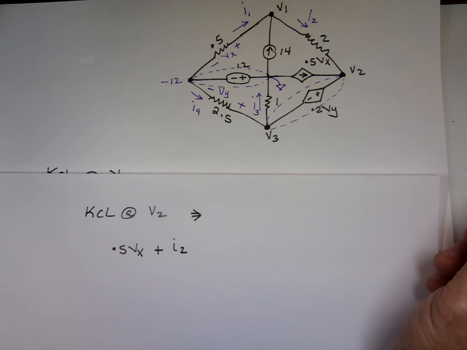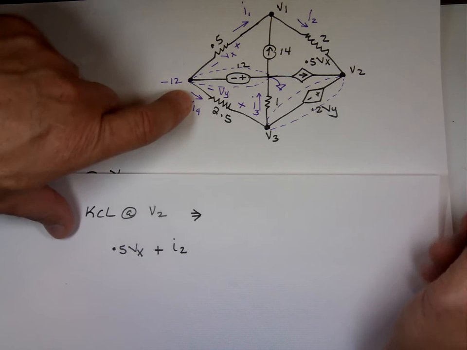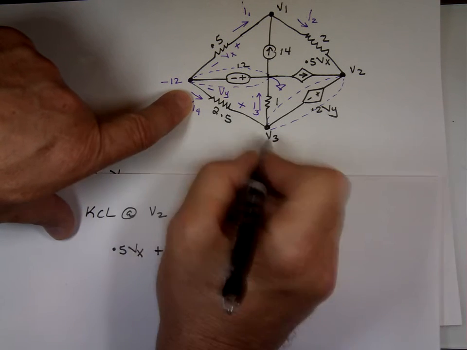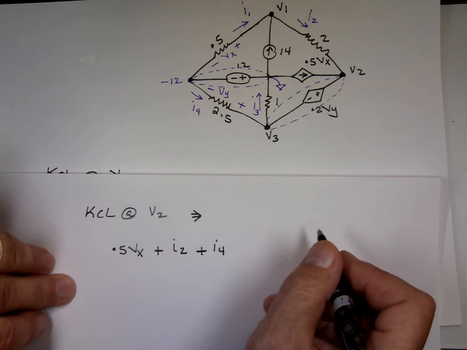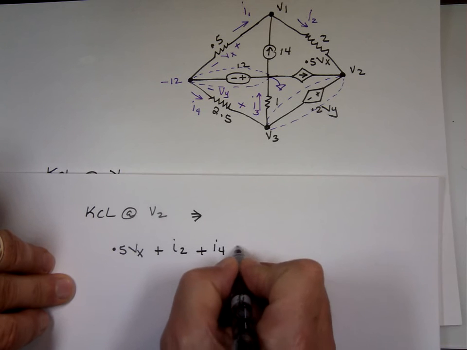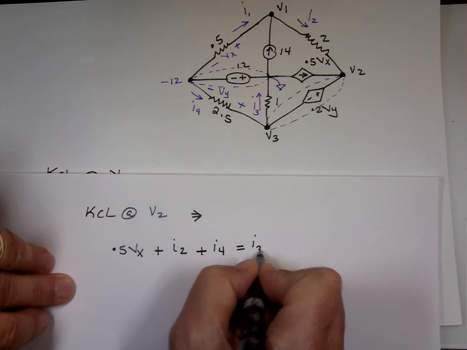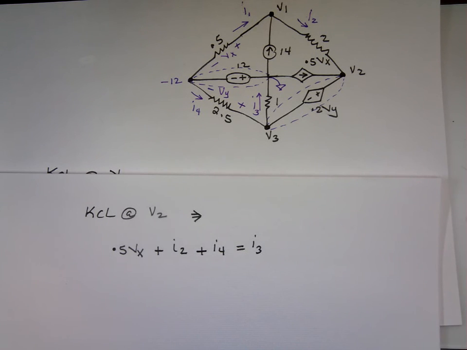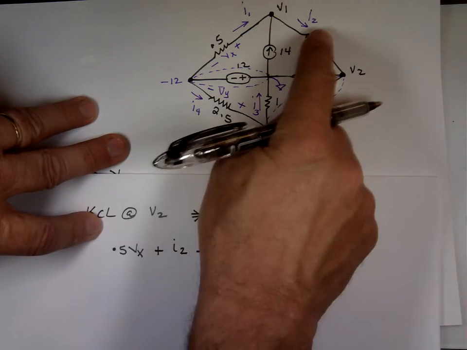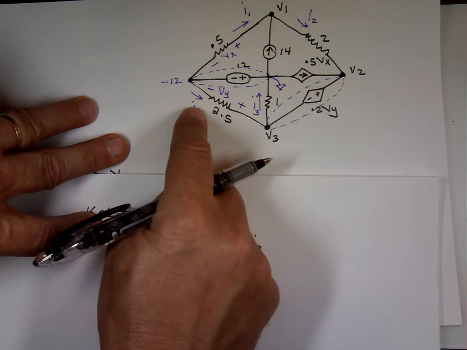Oh, yes. What's leaving that node? I3. Yep. So if our eyes are good, I said our because I didn't even see I sub 4 going to it till you told me. The current going in equals the current leaving.